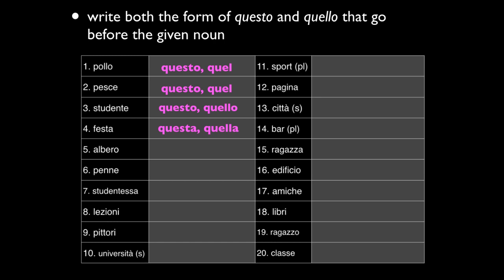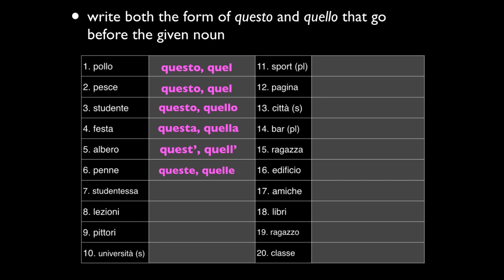Albero starts with a vowel, it's masculine singular, that's quest'. So it's the one exception there from that main table, so quest'albero and quell'albero. Because you would use L apostrophe, you just attach the quel in front of the L apostrophe, and you've got quell'albero, this or that tree.